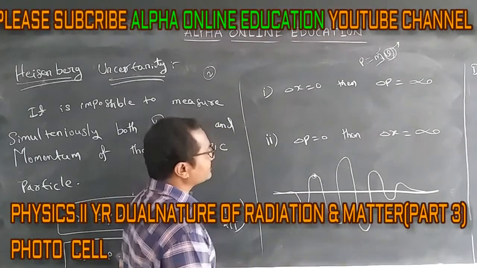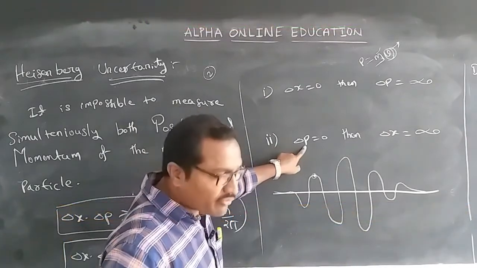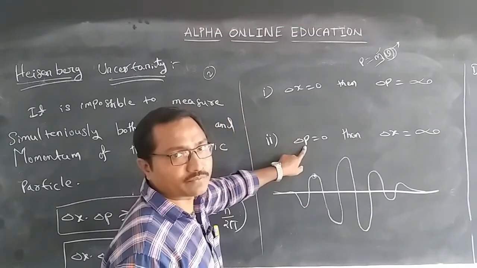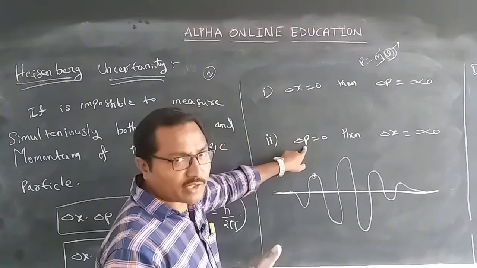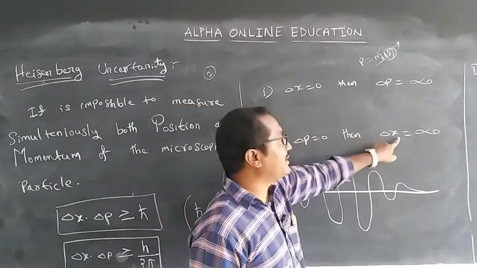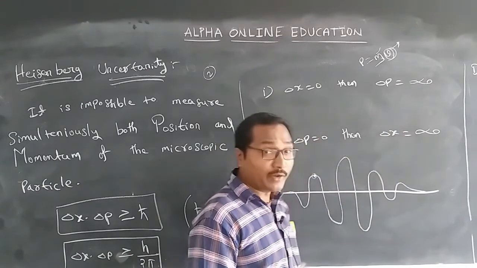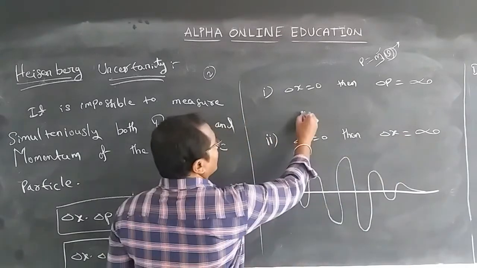In another case, delta p, change in the momentum. It means we are going to find the momentum. We are going to stop at some momentum, so the change in the momentum becomes 0. Then automatically this delta x, change in the position, becomes infinity. How is it going to become so?